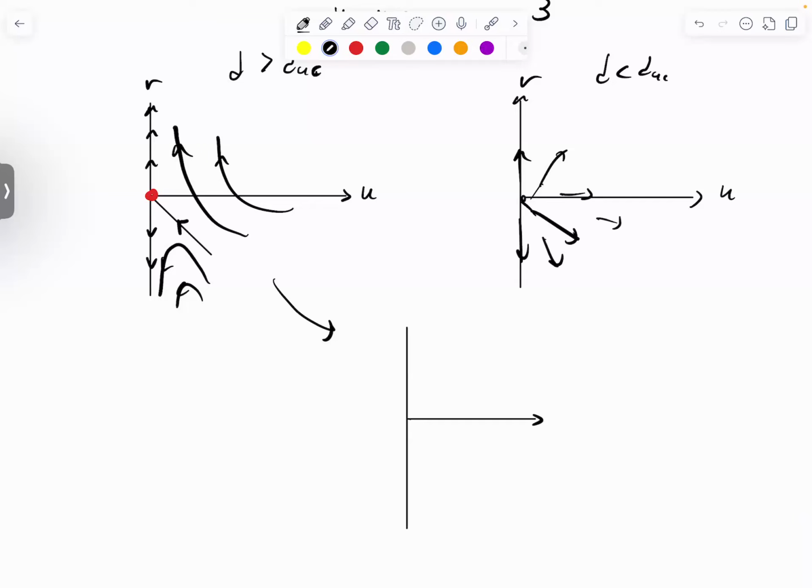So basically you have a fixed point like this. Then you have some flow. We'll do it next week.